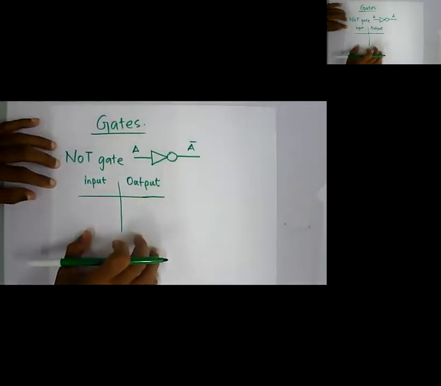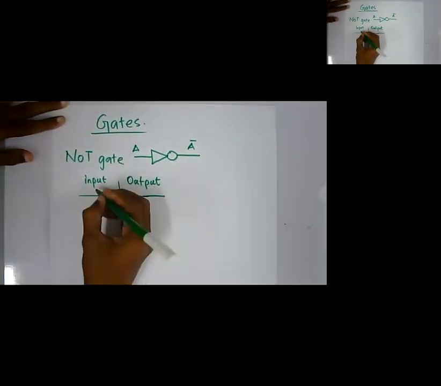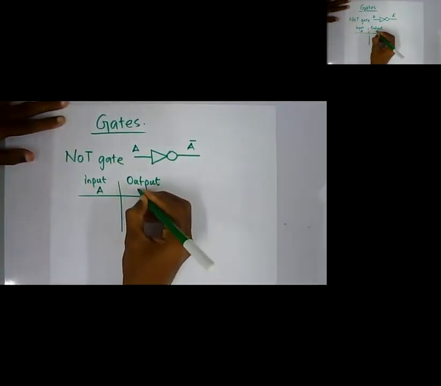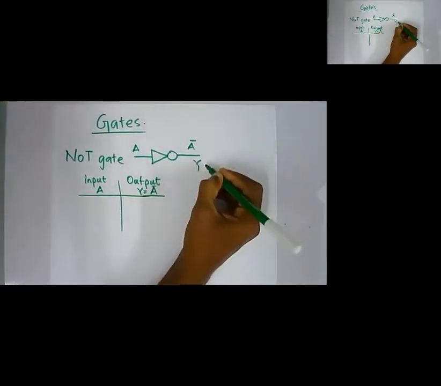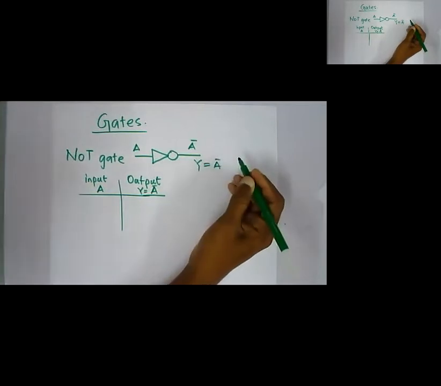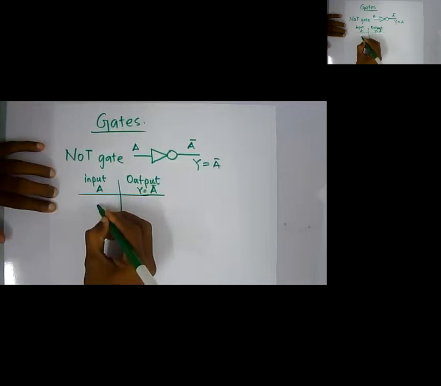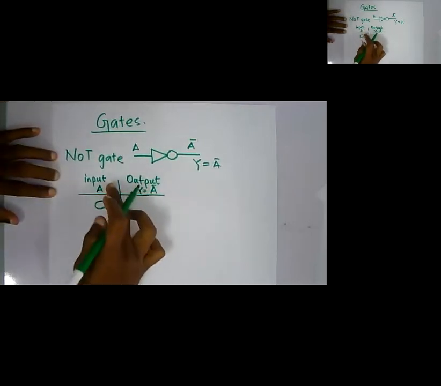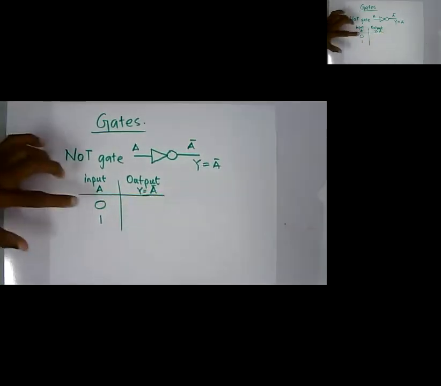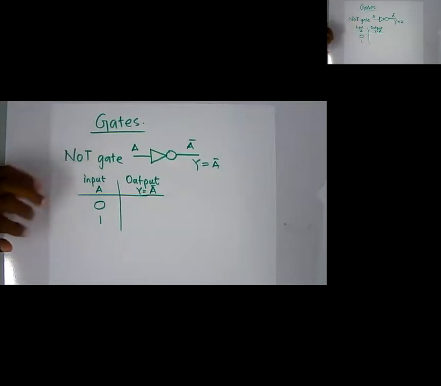The table with all the possible inputs and outputs is called a truth table. For example, let the input be A and the output Y, which is A bar. If it is a single bit, we have only two options: one variable A can be either 0 or 1.